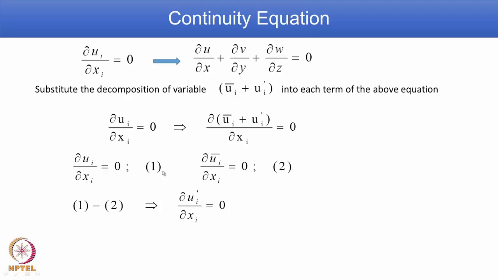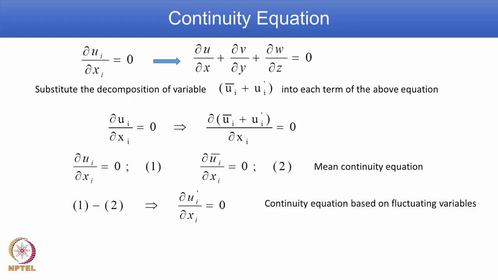If you subtract 1 minus 2, you get the equation based on fluctuating quantities as shown here. So equation 2 is the mean continuity equation, and this particular equation, where you use the fluctuating quantity, is the continuity equation based on the fluctuating variable.